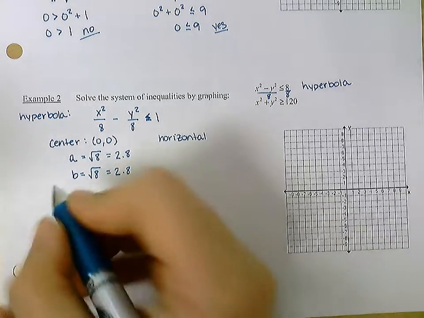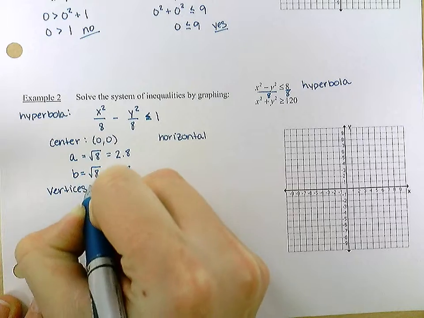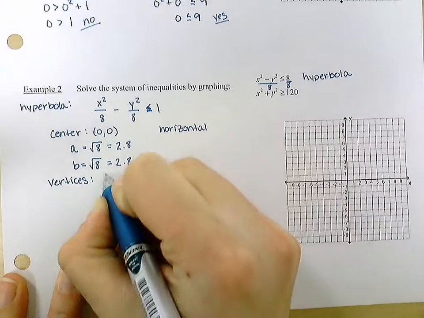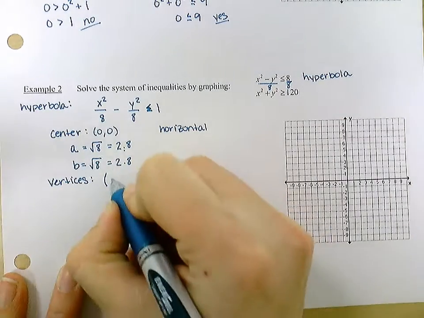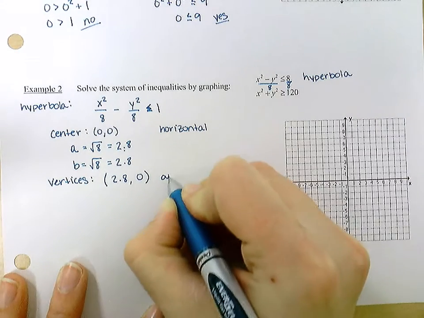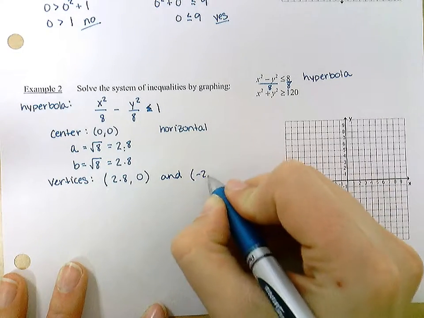Okay, so your vertices, we need to change our h value. Okay, so it's going to be h plus or minus a. Okay, so since h is 0, we're just adding on 2.8. And we're keeping k the same. And this one will just subtract 2.8 from 0, so negative 2.8.